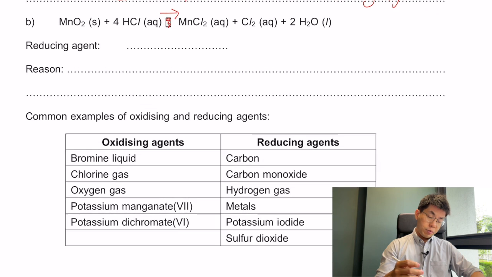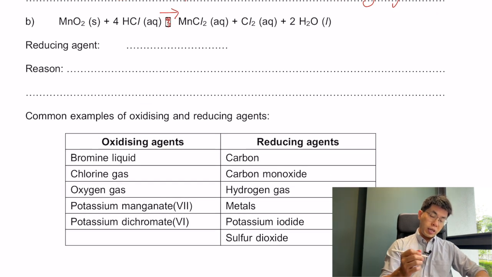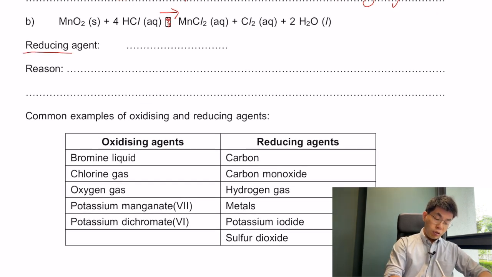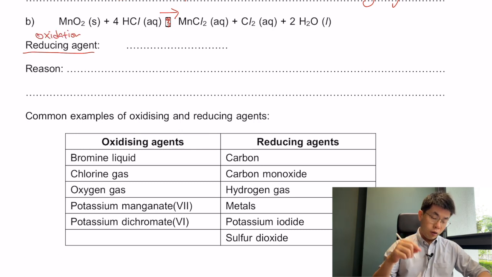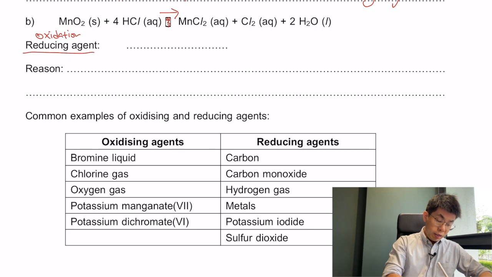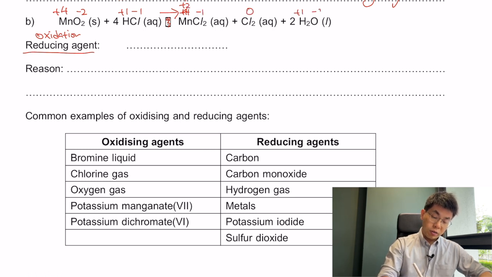So remembering our steps, I want to find a reducing agent. So immediately when I see reducing agent, I'll write the word oxidation. So I'm looking for oxidation. So the Mn here is a plus 4, the O is minus 2, this is a plus 1, this is a minus 1, this is a plus 4, oh no, this is a plus 2 only, this is a minus 1, this is a 0 because element, this is plus 1, and then it's minus 2.